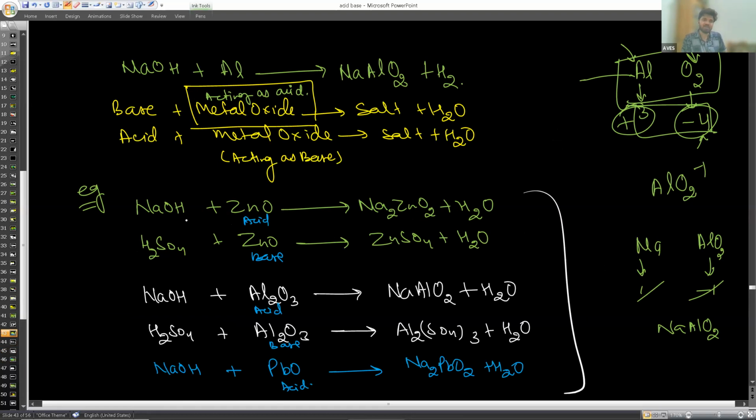For example, NaOH reacting with ZnO gives sodium zincate plus water; here it is behaving like an acid. But the same metal oxide reacting with H2SO4 behaves like a base; acid plus base gives salt and water. Same with NaOH reacting with Al2O3, giving salt plus water. Just note it down fast. Here it is behaving like an acid, here like a base.